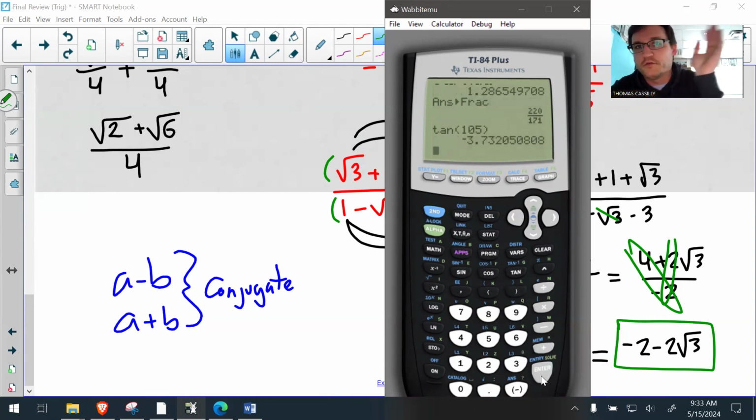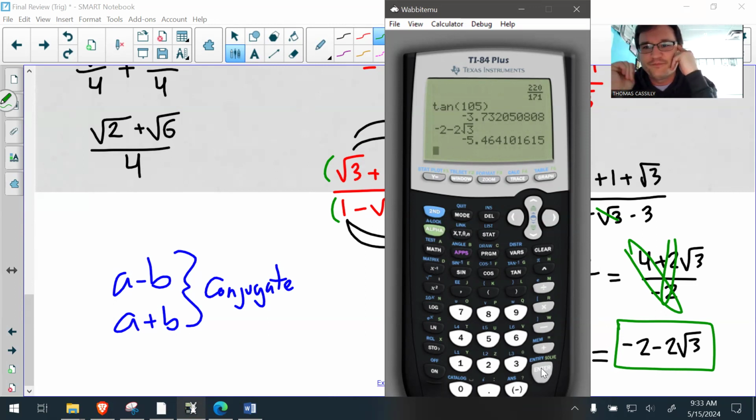All right, negative 3.73. If I plug in this number, this negative 2 minus 2 square root of 3, if I did everything correctly, if I didn't make any algebra mistakes, it should be the same decimal, right? Which it's not. So that means I made a mistake somewhere. Awesome.